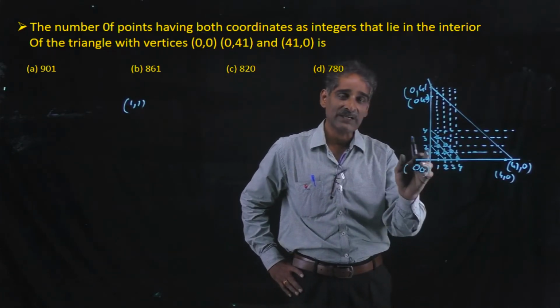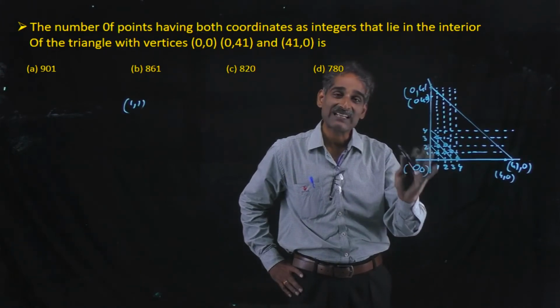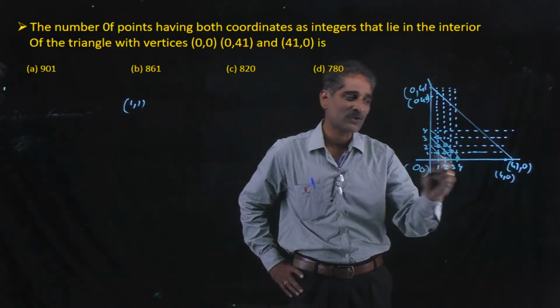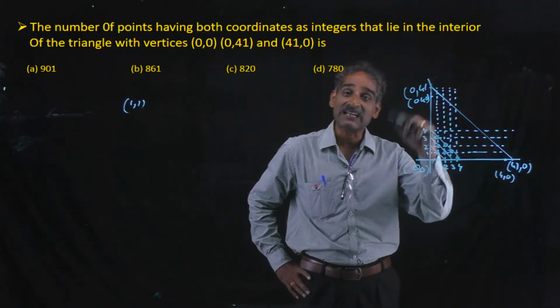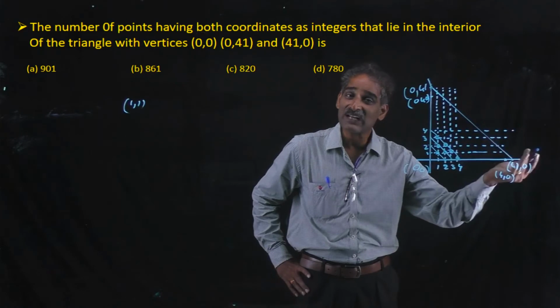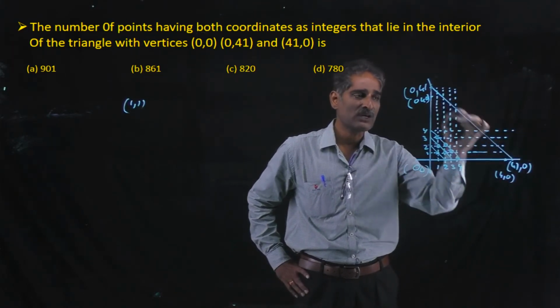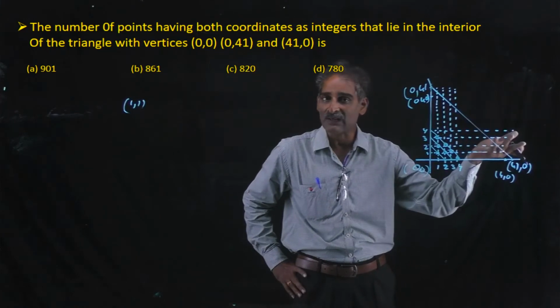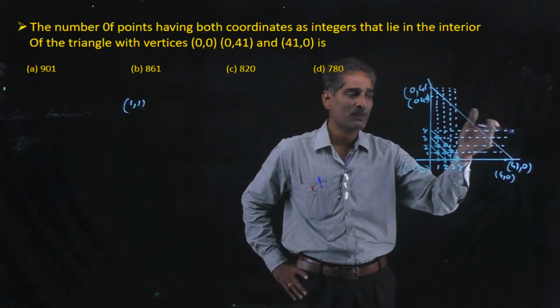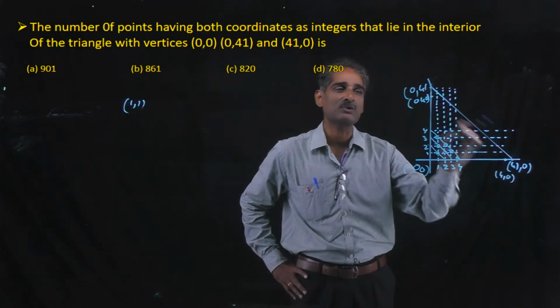So if you draw a line 2 to 2, 1, 3 to 3, 2, 4 to 4, 3, 5 to 5, 4, 40 to 40, 39. So we will get 1 plus 2 plus 3 up to 39. So this is not the interior. Any point lying on this lies on the triangle, not an interior point. Interior point means, say, a line which is passing through 40, 0 to 0, 40.